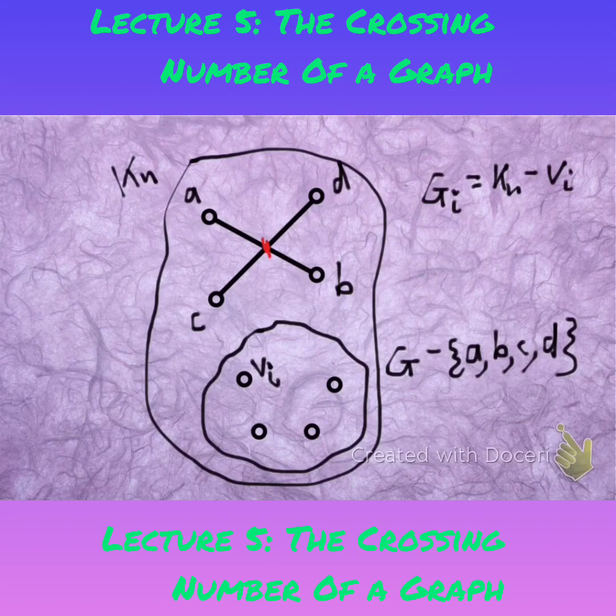Now, how many of the G_i's are going to have this particular red crossing? Right, now that crossing exists in G_i only when V_i doesn't lie in the vertex set containing these four vertices. So now go and count all the G_i's that are going to have that particular crossing. How many are there going to be? There are going to be a total of n minus 4. So of all the G_i's, n minus 4 of them are going to have this crossing.